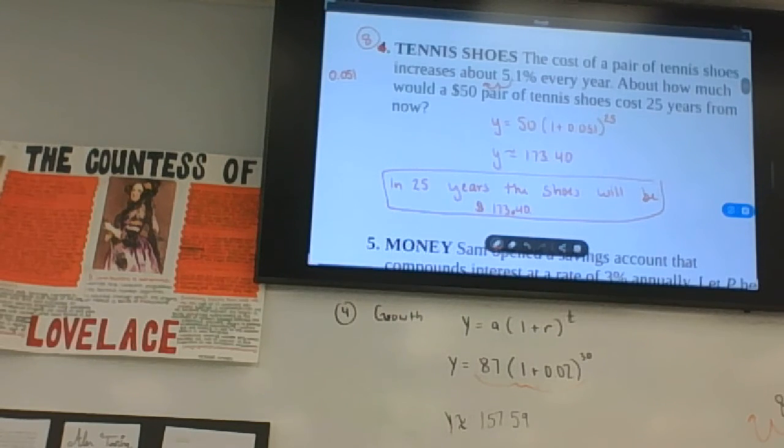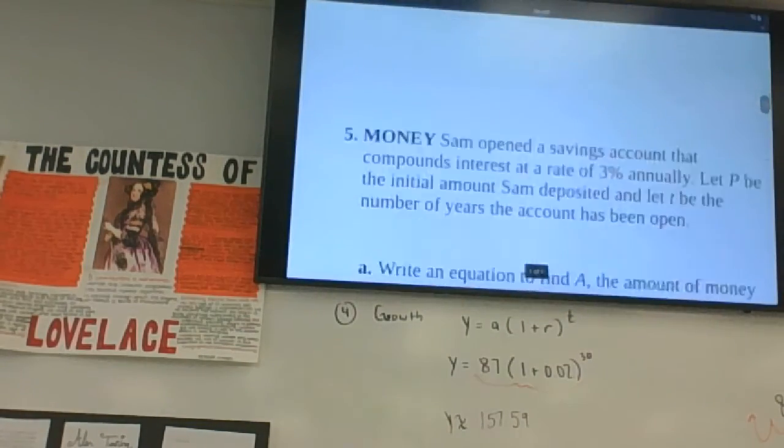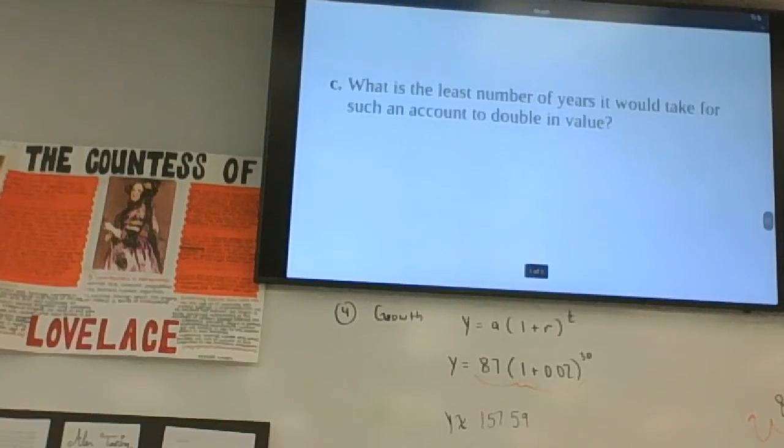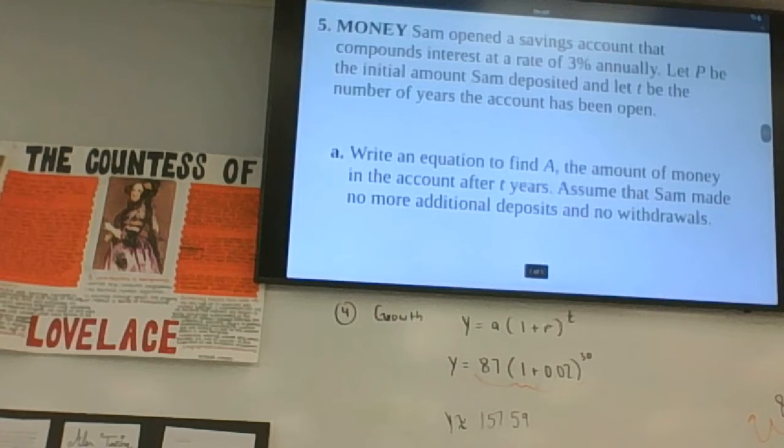Good one, you guys thinking again. Okay. Last problem. It's got an A, B, and C. So, okay. Sam opens a savings account on compound interest at a rate of 3% annually. Let P be the initial amount Sam deposits, and T be the number of years. Write an equation.